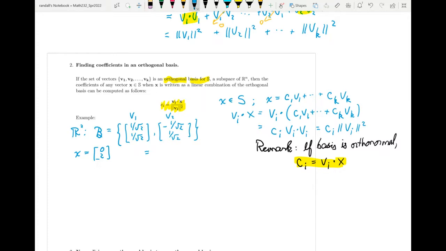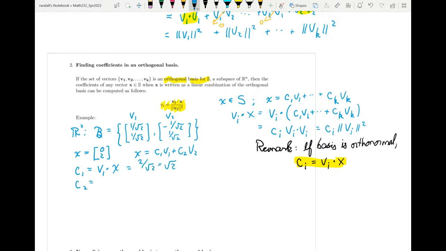So because x is in R2, then I can write it as c1 v1 plus c2 v2, and I have c1 according to our formula above. This is now an orthonormal basis, so c1 will be simply v1 dotted with x. Okay, now if you dot v1 with x, you're going to get 2 over root 2, which is root 2.